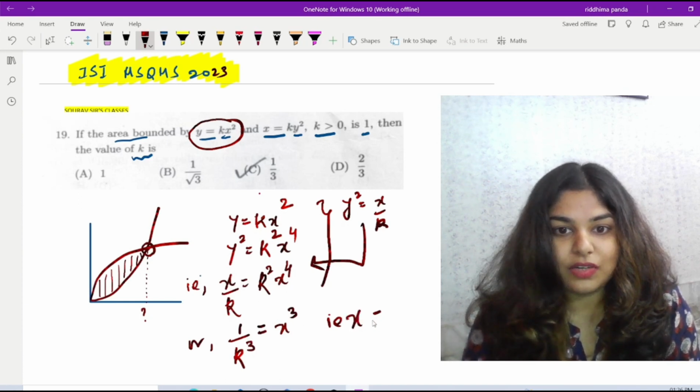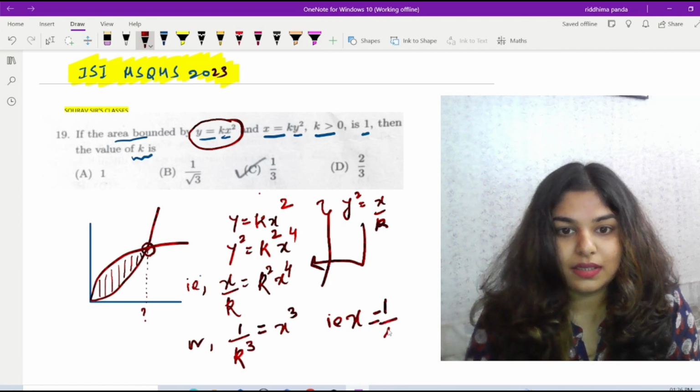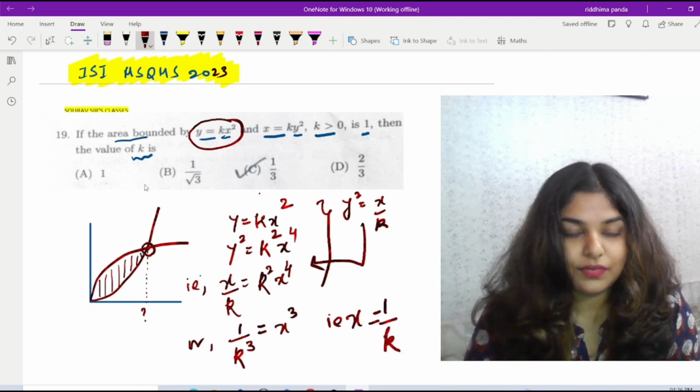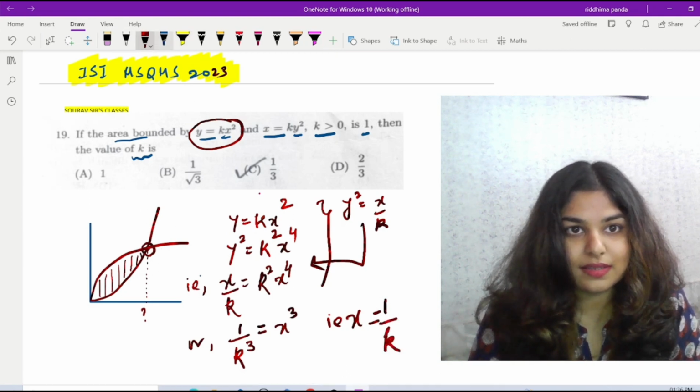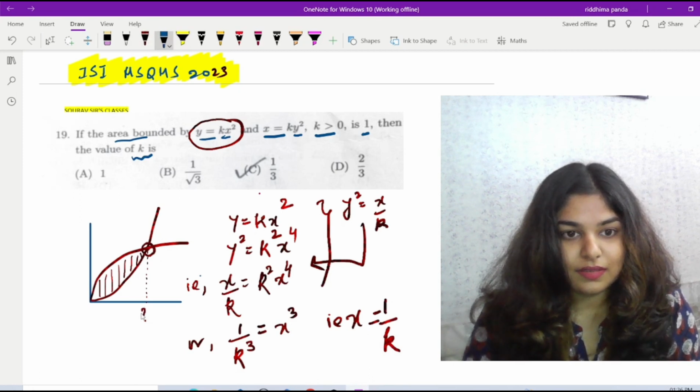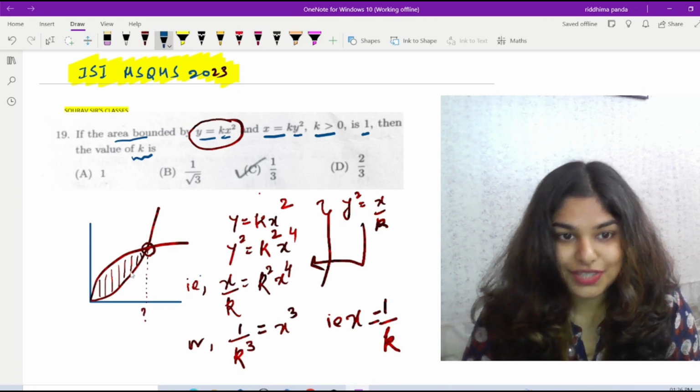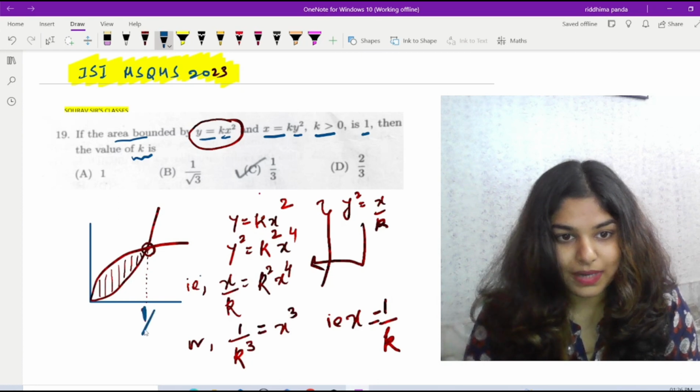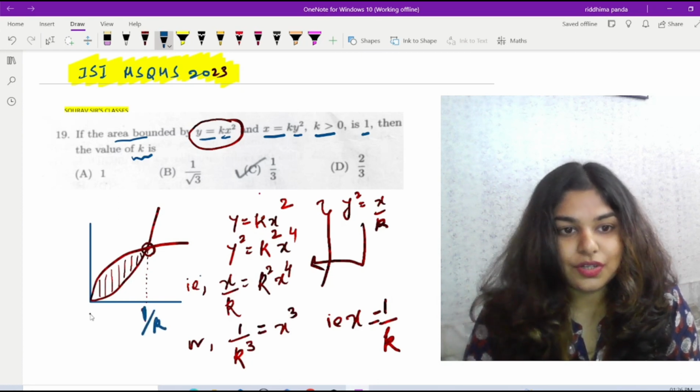That is, the value of x at which these two curves are equal is 1/k. So the limits are 0 to 1/k.